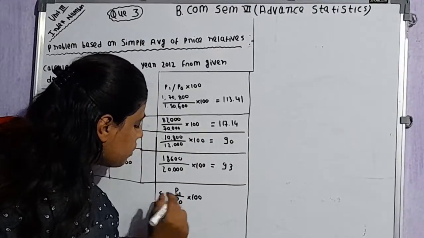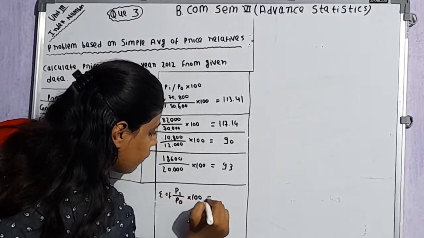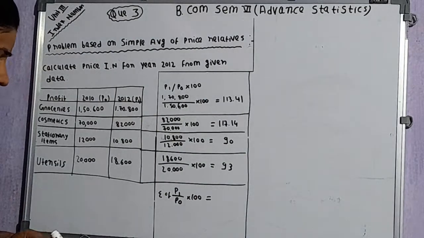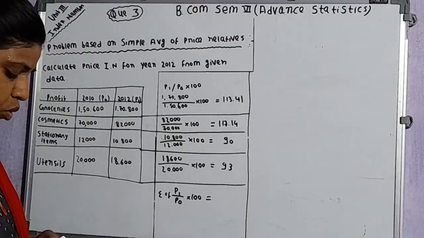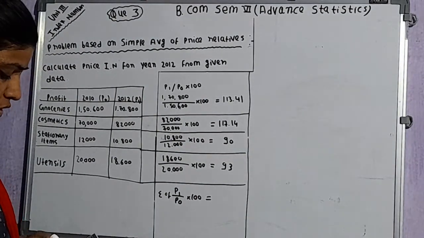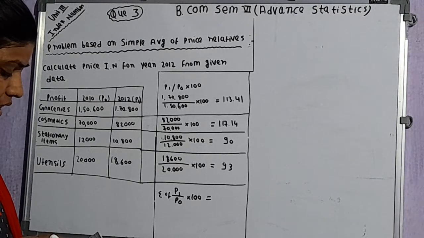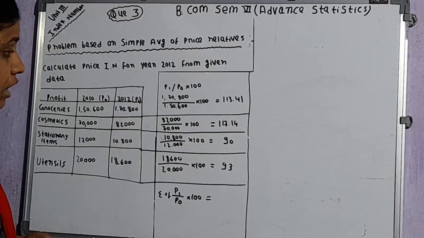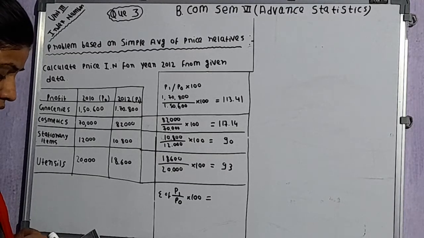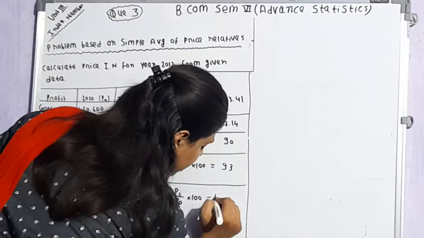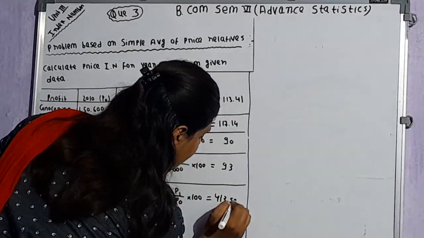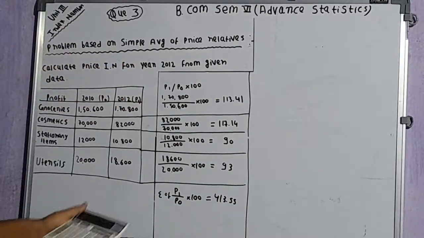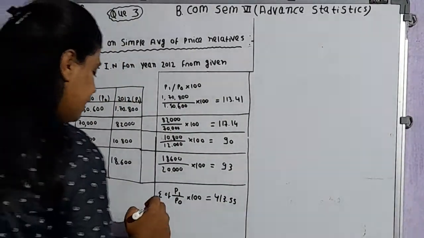So let's add it: 113.41 plus 117.14 plus 90 plus 93. It becomes 413.55. Here we have got the summation of price relatives.